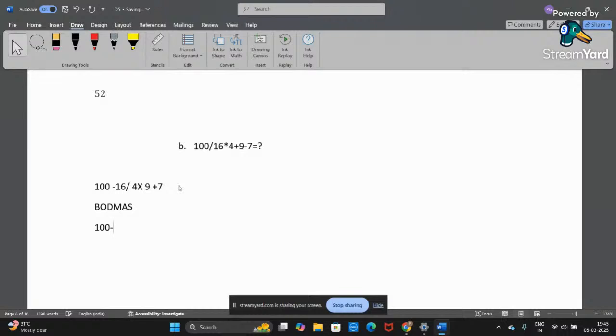First, we have to do division, right? 16 by 4, it is 4 into 9 plus 7. Then we have to do multiplication. 4 nines are 36 plus 7. So it is 107 minus 36. How much is it? 71. 71 will be your answer.